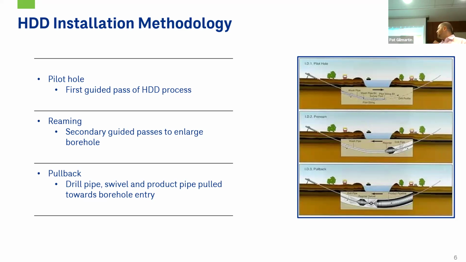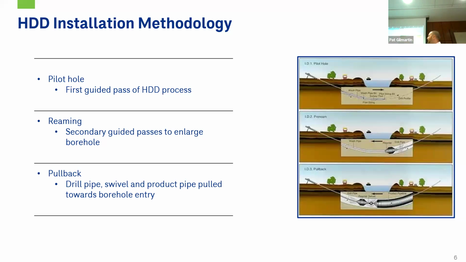And so it is a little bit harder from the steering aspect than some of the later passes. And so you drill out and you use what's called bentonite drilling fluid, which is basically clay that's suspended in water in order to take your cuttings from the head of that drill rig to get it out of the hole. But that also serves, especially in soil profiles, to bring your cuttings back to the pit so that you don't get any clogging along the HDD alignment.